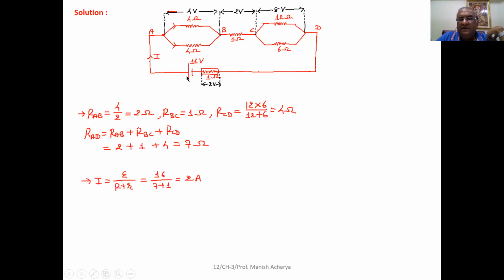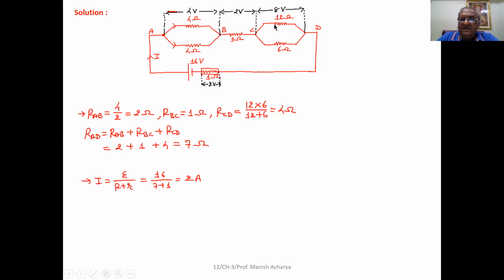Now, the current supplied by the battery of 16 volt to the network, that is I equal to E upon R plus r. As per that equation, E, that is 16 volt, is given to you.